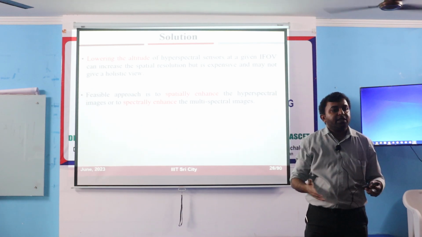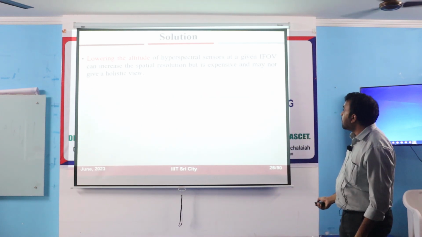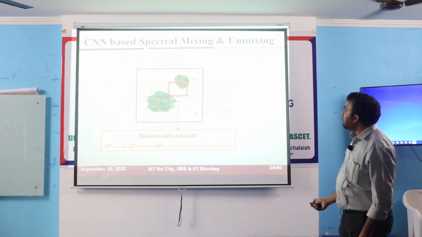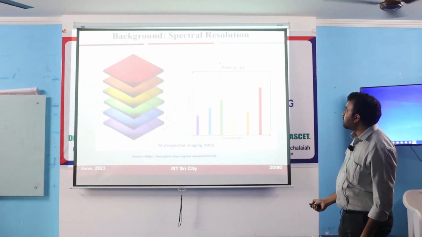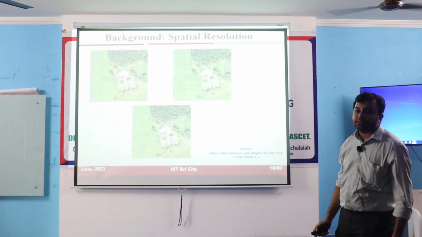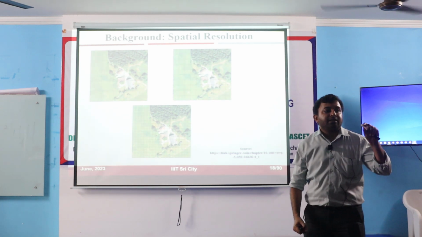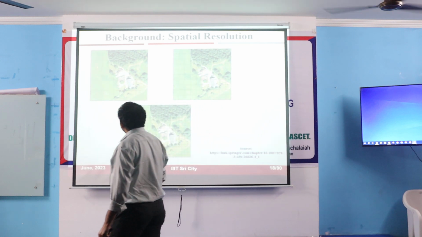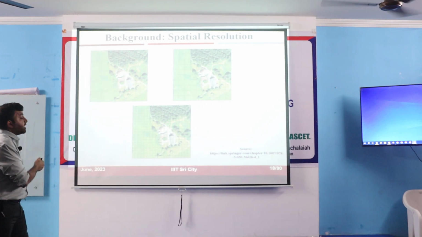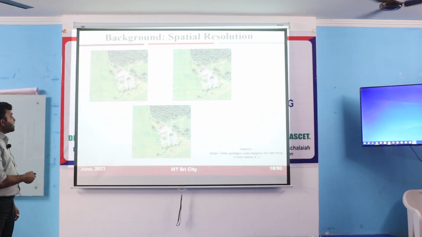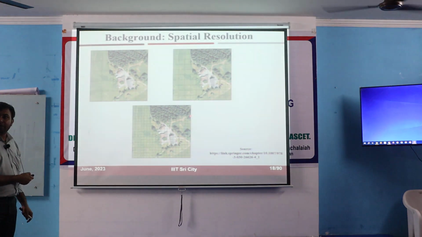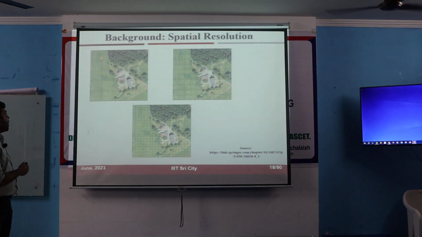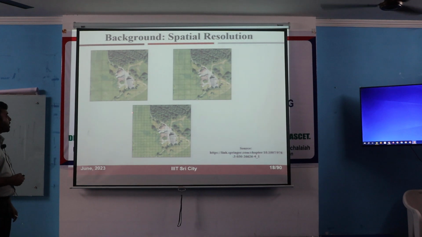Improving spatial resolution means what? You have to break those pixels into small sub-pixels. You can see here, this image was having a coarse spatial resolution. This image is having an improved spatial resolution. What is happening here? One pixel is now broken down into many sub-pixels.